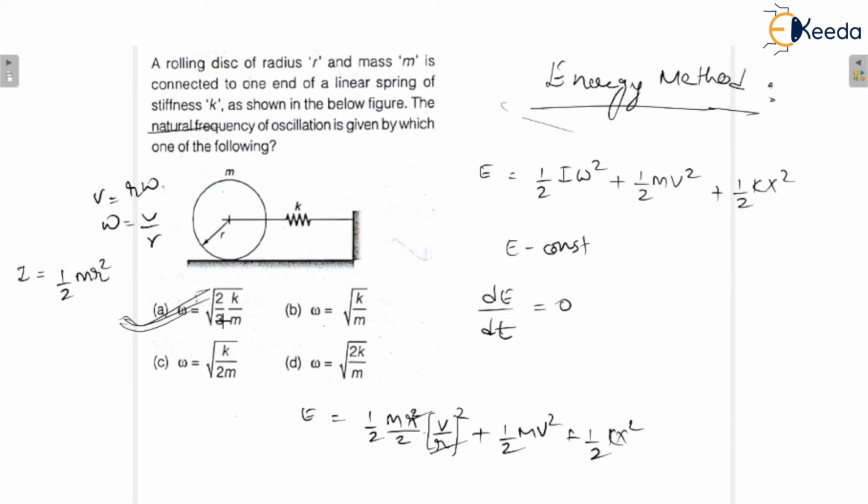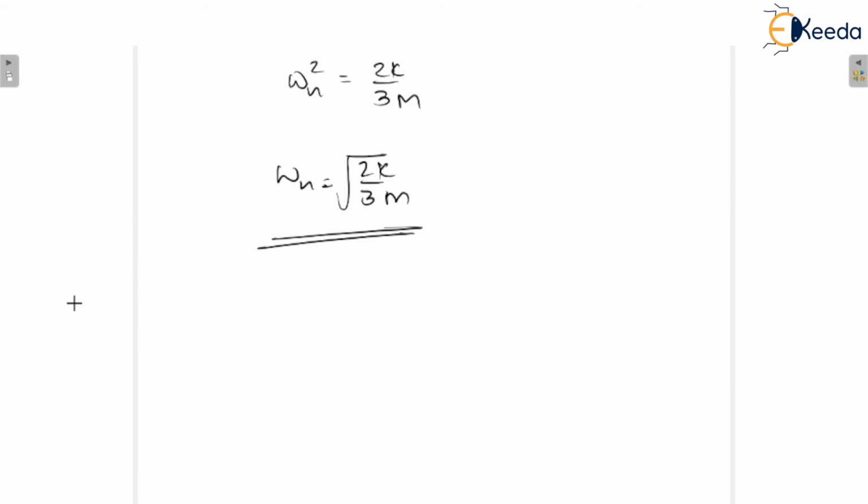So you just have to write down the equation of natural vibrations by having a small angular displacement of the disk theta. Okay, so if you want to write the equation, you can solve by the torque method.